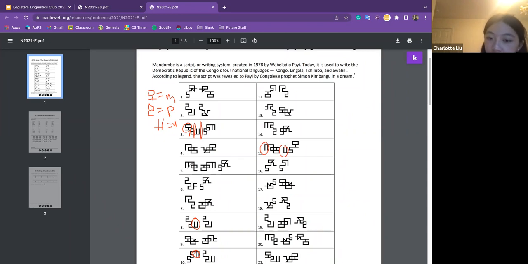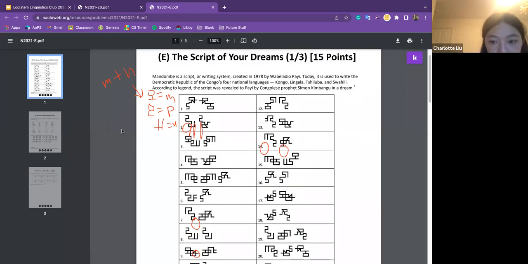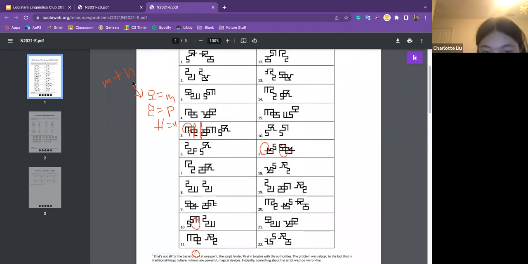And then another thing is that this character means M and N. For example, number 22 has this, and that's N. And then this other part is C and A. So the letters are all arranged differently.